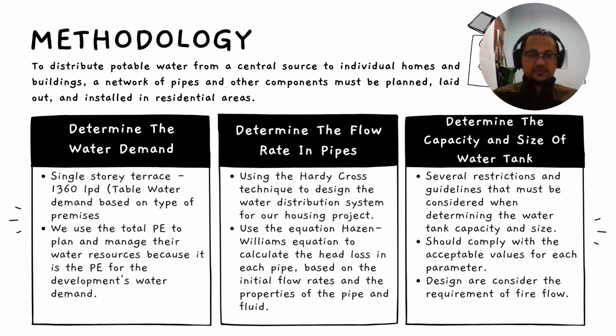There are several restrictions and guidelines that must be considered when determining the water tank capacity and size. Especially we have to refer to the guidelines from SPAN and also the DID. And then we should comply with the acceptable values for each parameter and also take into consideration the design to comply with the requirement of a fire flow.